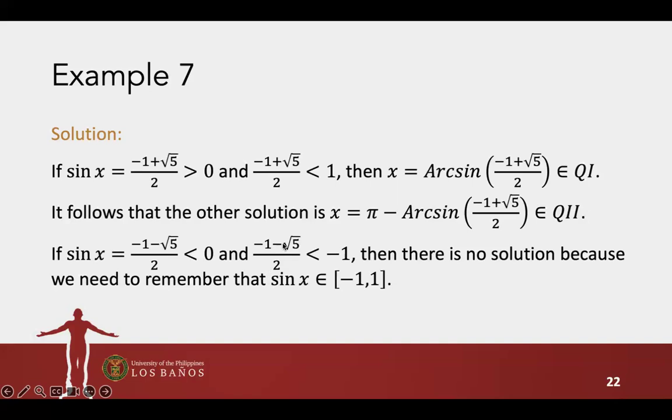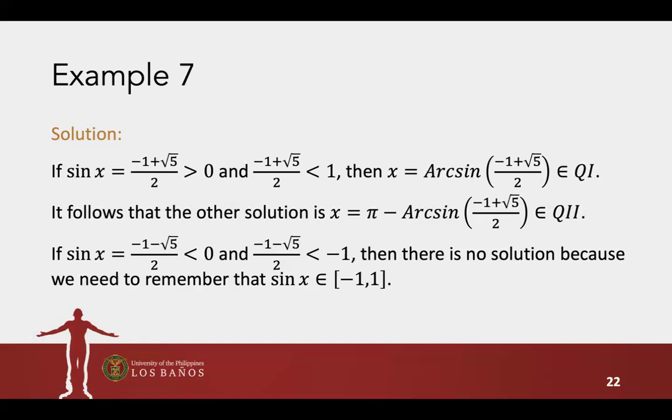And then for the upper bound, if we use 3, so -1 minus 3 is -4, over 2, it's -2. So that means that this value, negative 1 minus square root of 5 all over 2, is in between negative 2 and negative 3 halves.